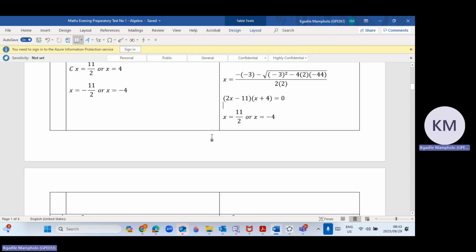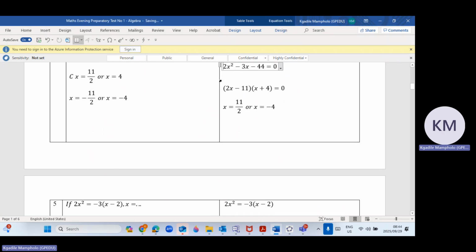Then you'll just leave the space for factors. Then the answers you get on the calculator, you write them here. Then from there you factorize with reference to the x values that you got. So none of you will get a wrong answer as far as factorization is concerned.